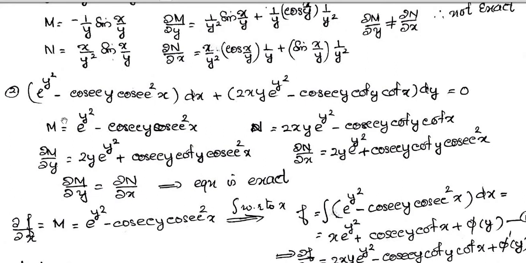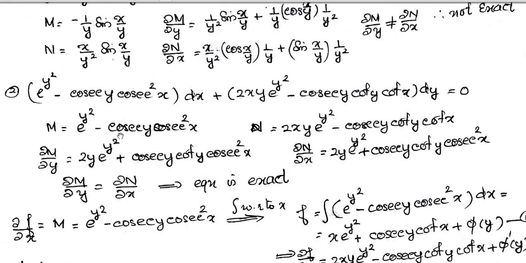For differentiating this first term with respect to y, we need logarithmic differentiation. Take u equal to e raised to y square, then ln u is equal to y square ln e, and differentiating we get this quantity. So dou M by dou y is 2y e raised to y square.